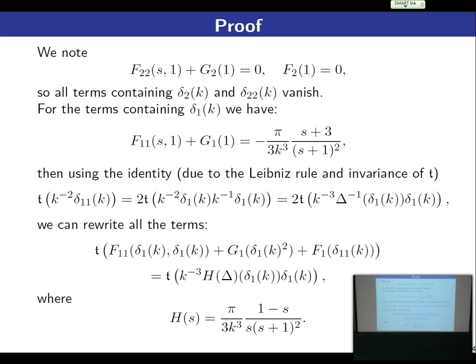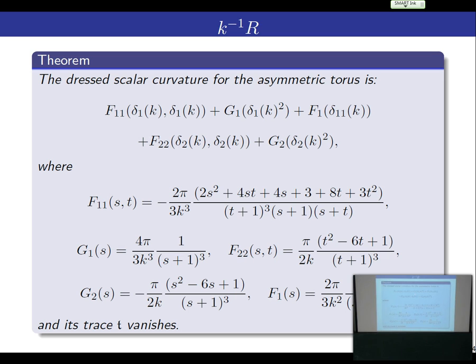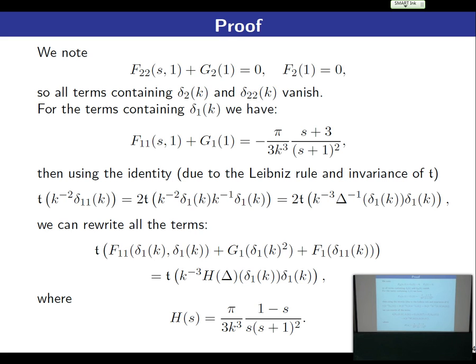Then there are terms with the first derivatives of k, and first looking at f11 under the trace of 1 plus g1, this sum gets this particular form. So one can put it over a common denominator and obtain such a function when evaluated at 1.